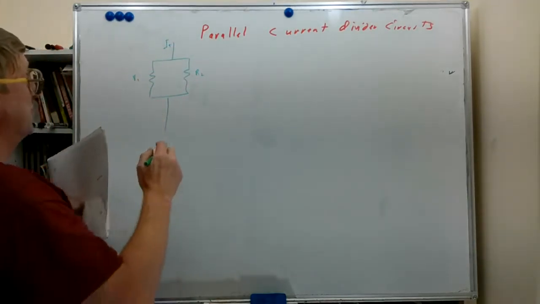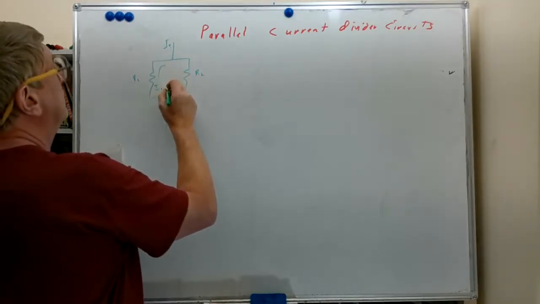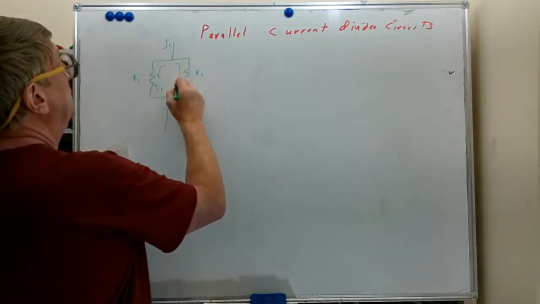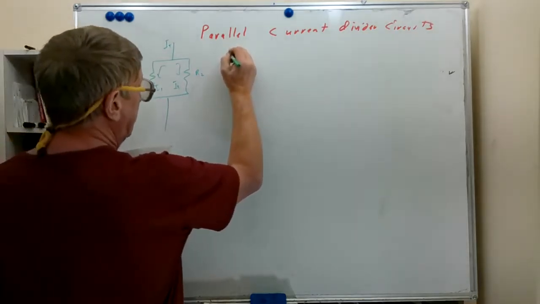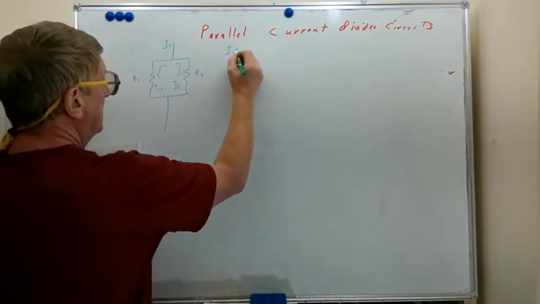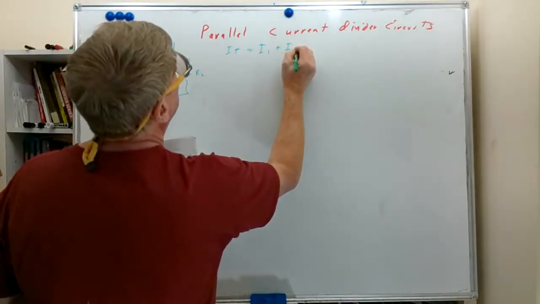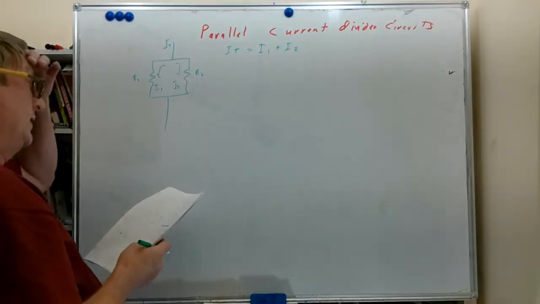We can see that current is going to divide up into two pieces. It's going to be I1 and I2. And of course, it's probably pretty obvious to you by now that IT, the total current in, will be equal to I1 plus I2. And if we had more branches than two, they would add right in there with it.